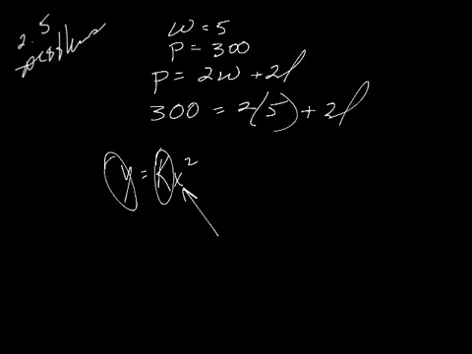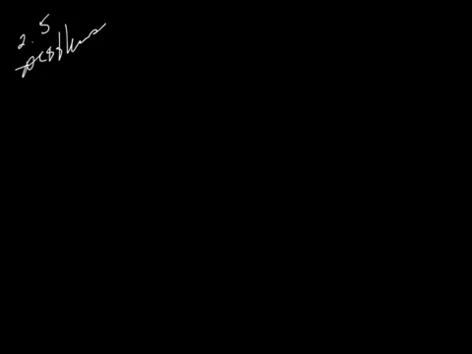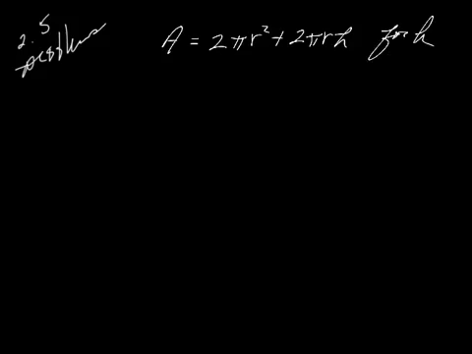19 through 40 is asking you to solve the formula. So let's do number 40. I like to do kind of the latter ones because those are the ones that are a little bit more challenging. So A equals 2 pi r squared plus 2 pi rh, and we're solving for h.